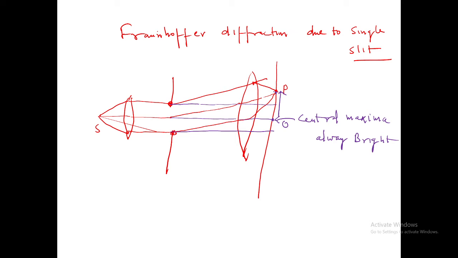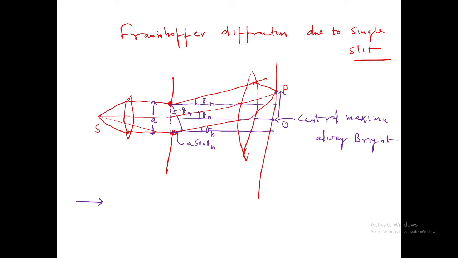So an interference pattern is observed. I have taken this angle theta n, this one is again theta n, this one is again theta n, and this is a. Of course this is also a, and we have drawn a perpendicular like this. So this is a sine theta n, because this is also theta n.